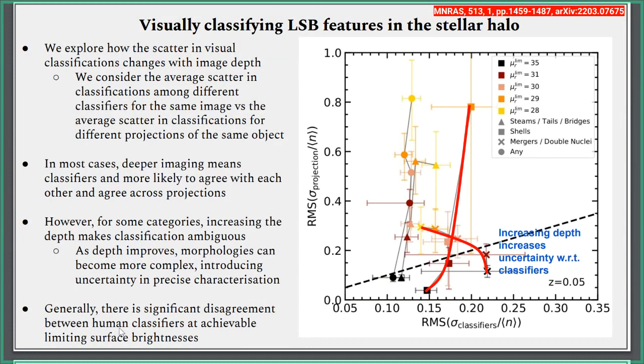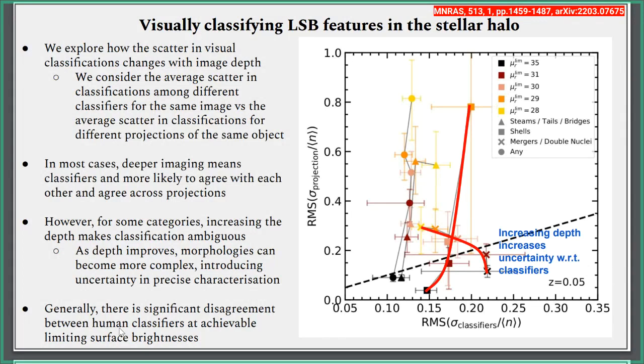If we look at the circle one, for all types of features, you can see you generally get an improvement with limiting surface brightness. However, for some categories of tidal feature, specifically merger type tidal features, we see that the classifiers actually start to disagree with each other a lot more as they go to higher limiting surface brightness.